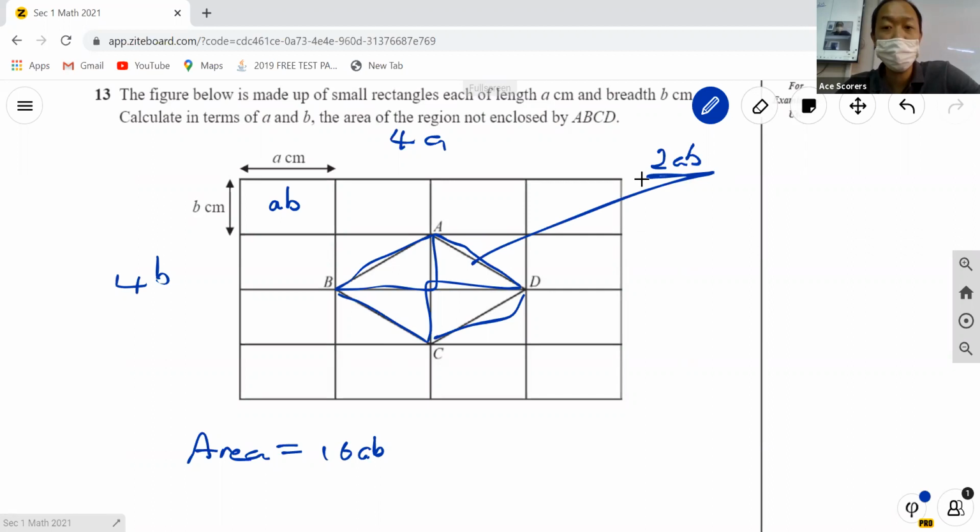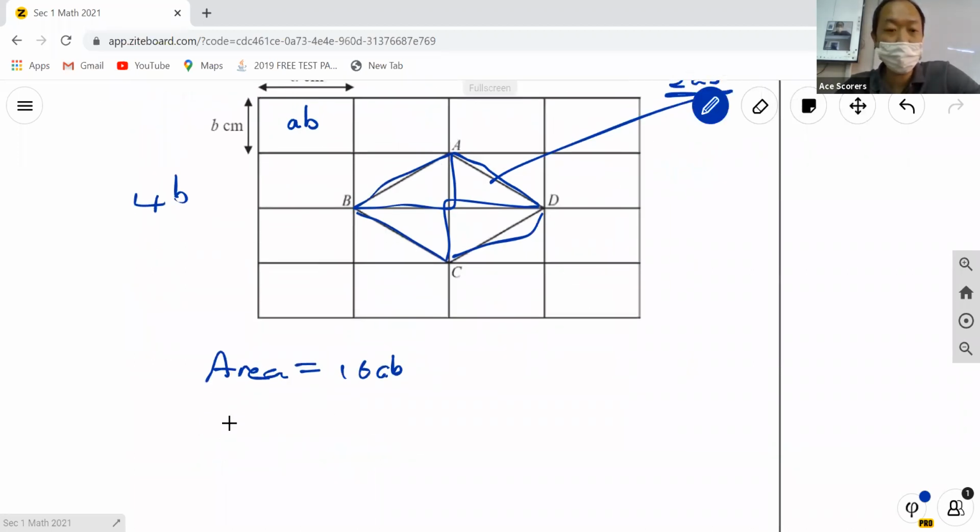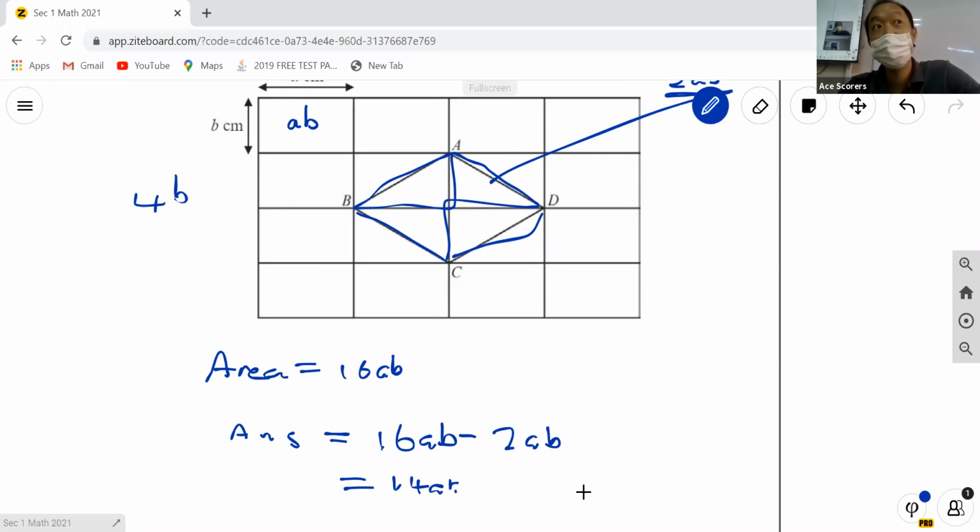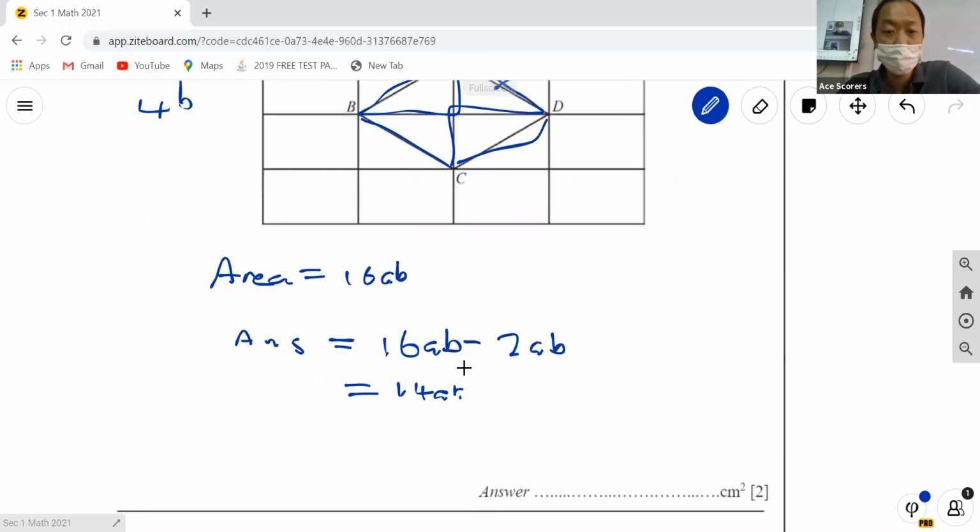So the required area is 16AB take away 2AB, so it's just 14AB. Easy. It's not a difficult one, but we're not used to it. So 14AB. Next.